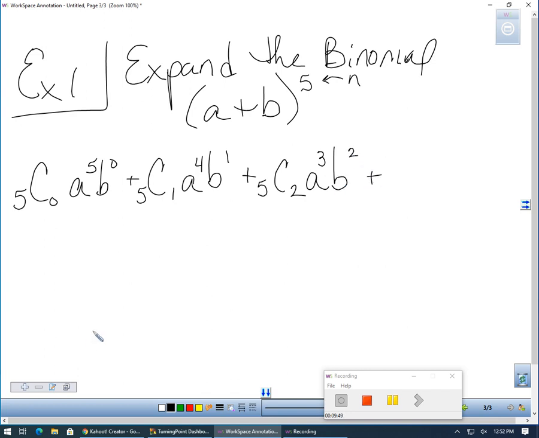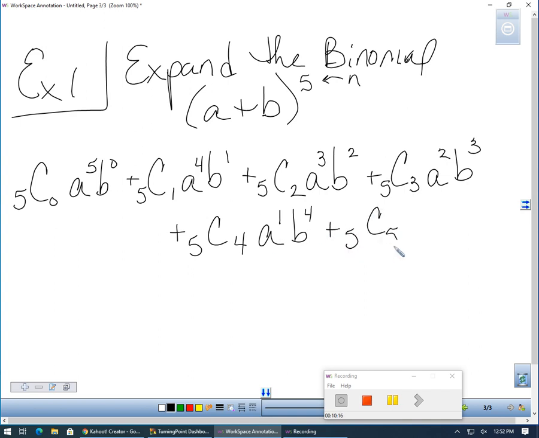Plus, next one is 5 choose 3, a to the second, b to the third, plus 5 choose 4, a to the first, b to the fourth, plus 5 choose 5, a to the 0, b to the fifth.